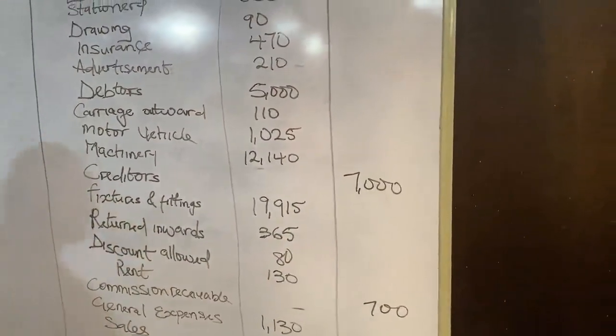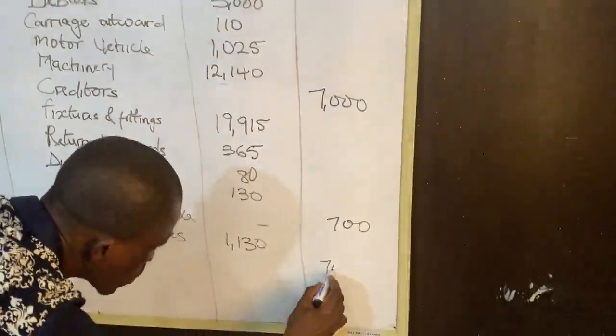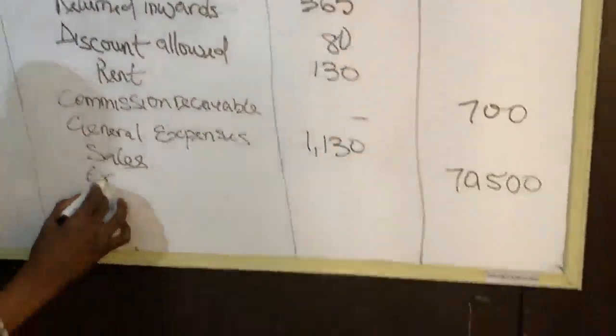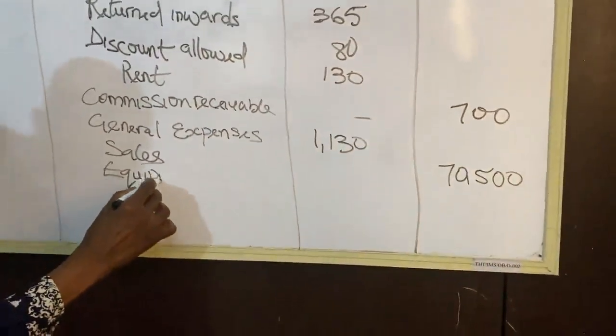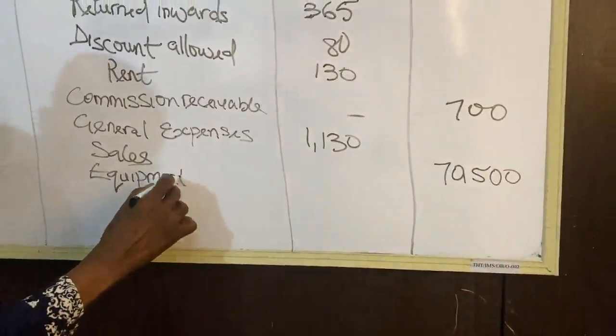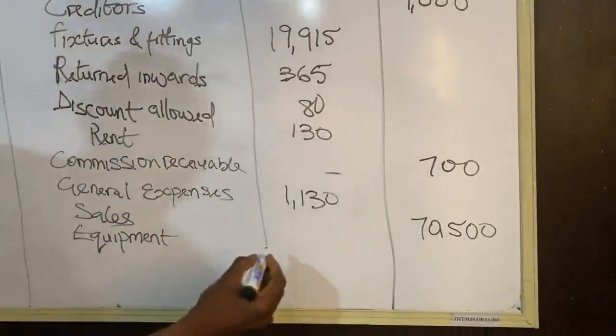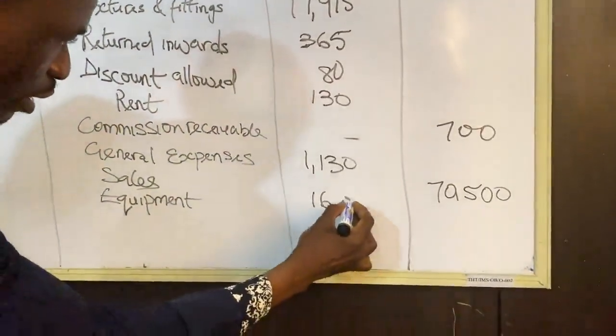Sales, 70,500. Equipment is an asset. Equipment is an asset, 16,000 naira.